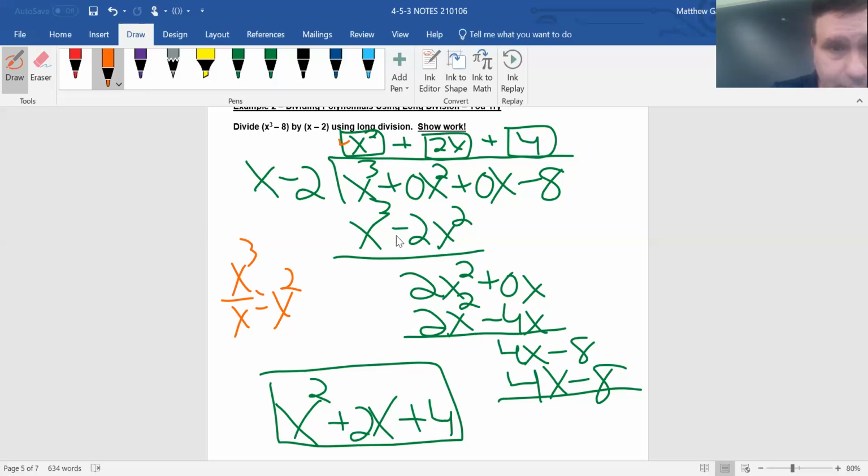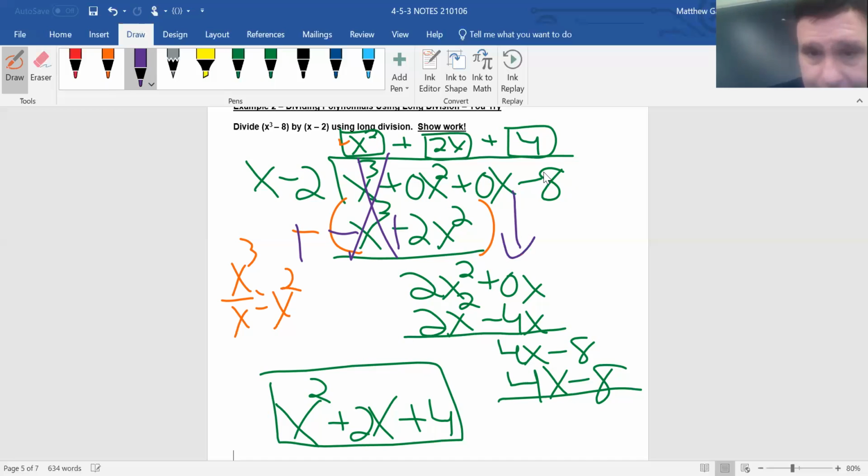X squared times x is x cubed. X squared times negative 2 is negative 2x squared. Then we subtract vertically. Okay, so we add the opposites, and then you're left with 2x squared. Over here, bring down the 0x.